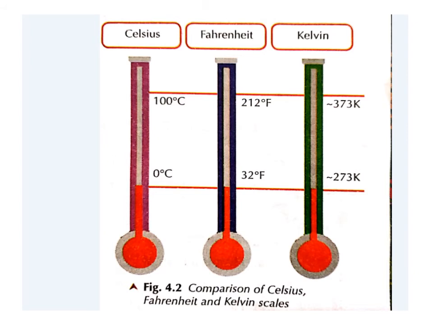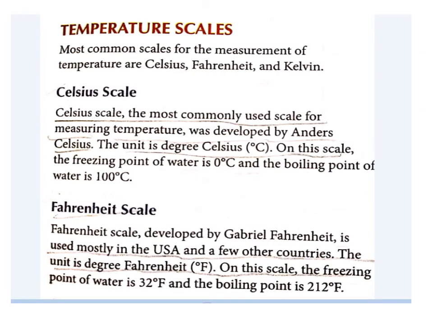Let us discuss these scales which I showed you in the pictures. As I told you, the Celsius scale was invented by Anders Celsius. On the scale, the freezing point of the water is 0 degrees Celsius and the boiling point is 100 degrees Celsius.